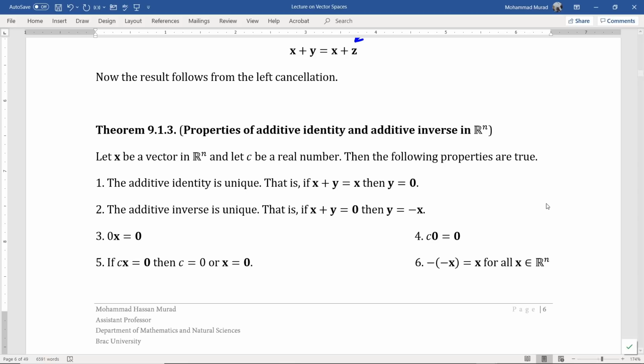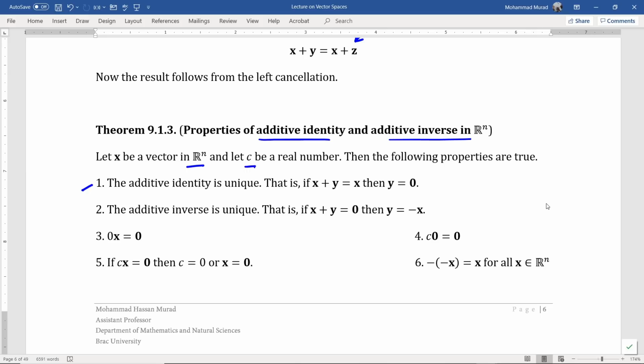Theorem. Properties of additive identity and additive inverse in Rn. Let x be a vector in Rn and c be a real number. Then the following properties are true. Property 1. The additive identity is unique.